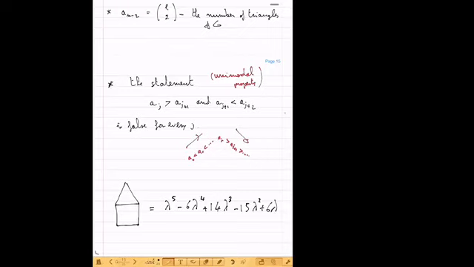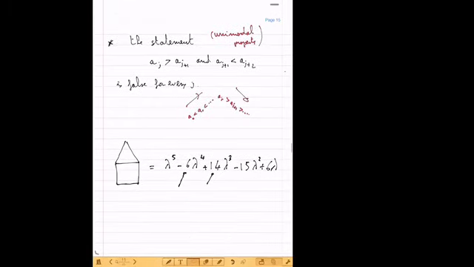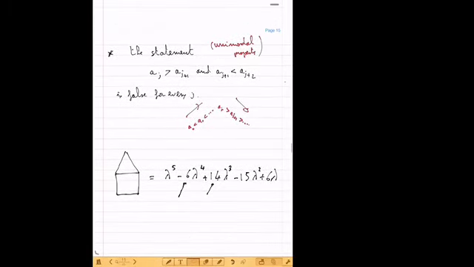So we can see that the sign is alternating. 6 is the number of edges of the graph. And what about this coefficient? What should that be? Well, that should be 6 choose 2. So this coefficient should be 6, the number of edges, choose 2 minus the number of triangles.